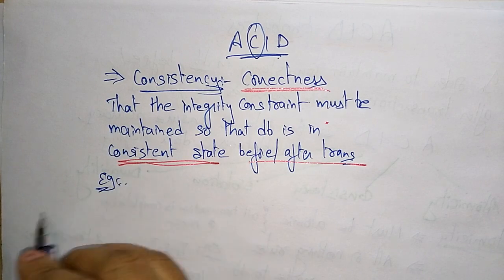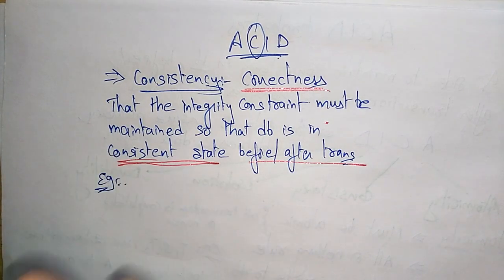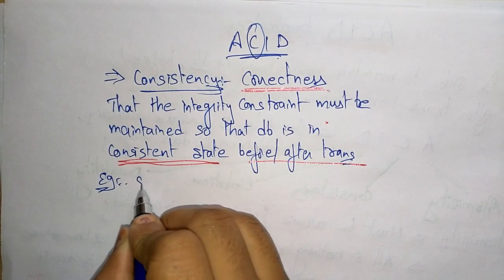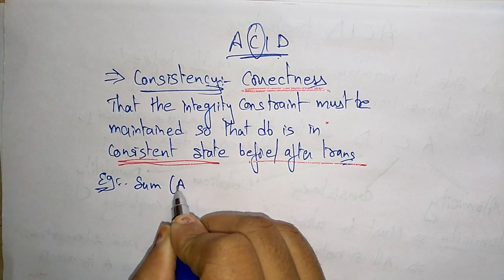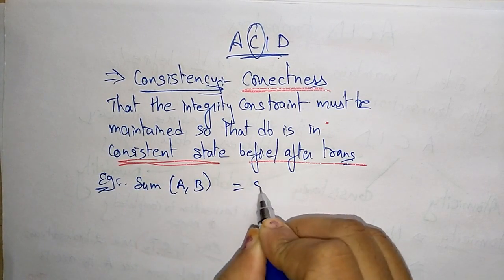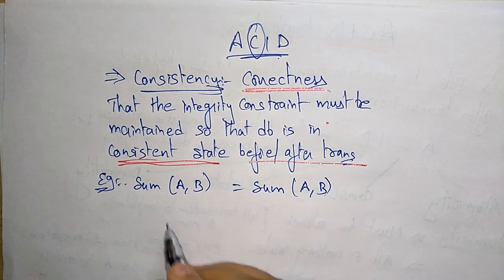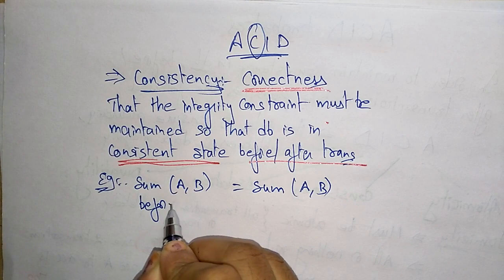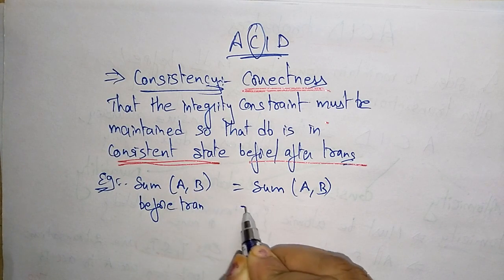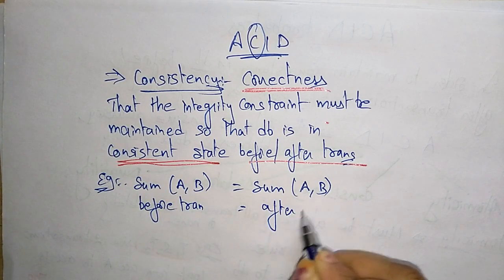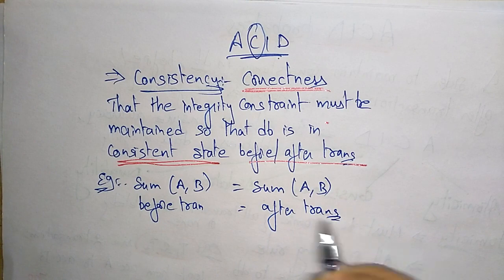In the previous example we had taken two accounts A and B. A has the amount 500 and account B has 200. Suppose the sum of A and B before the transaction should always be equal to the sum after the transaction. Then you can say your database is in a consistent state.